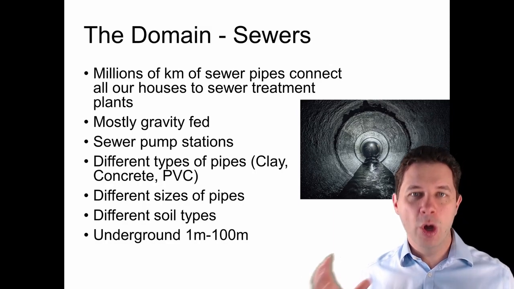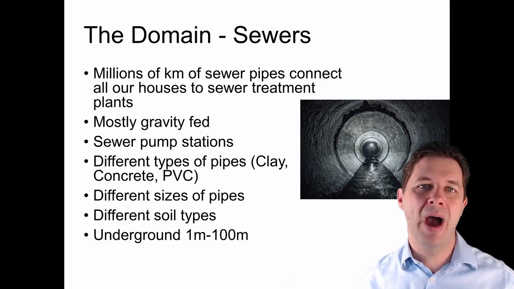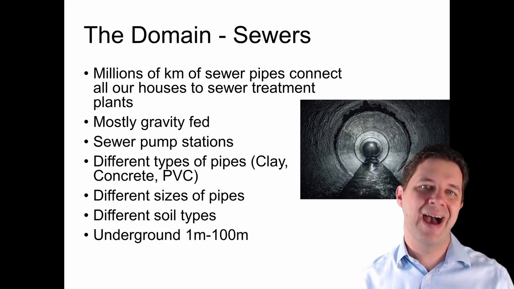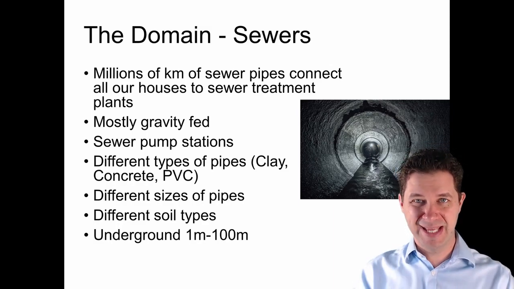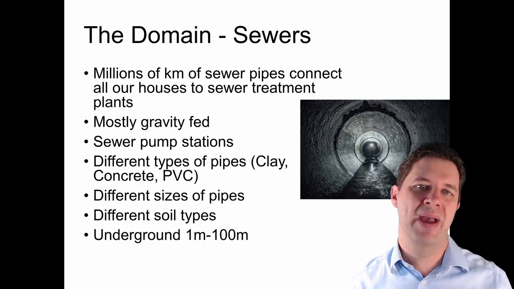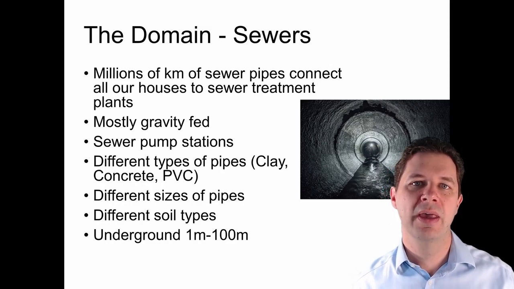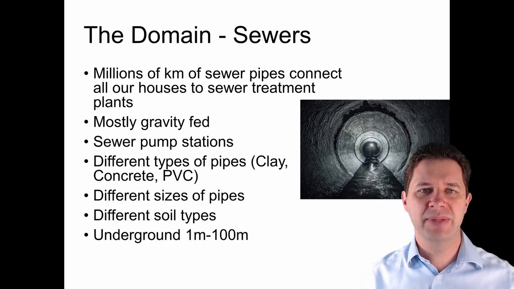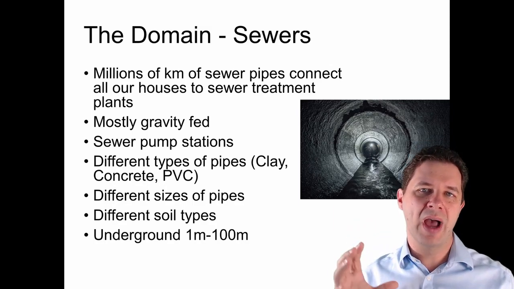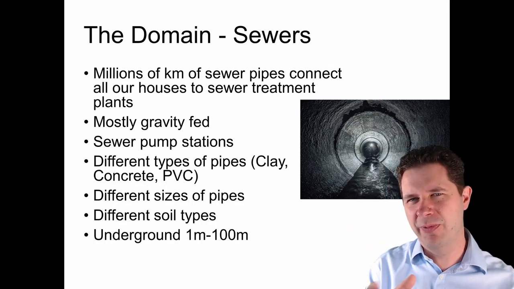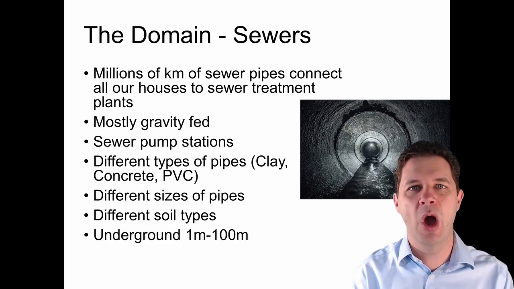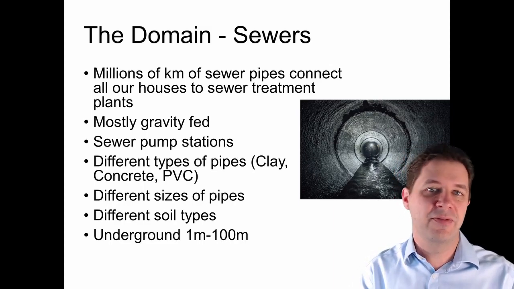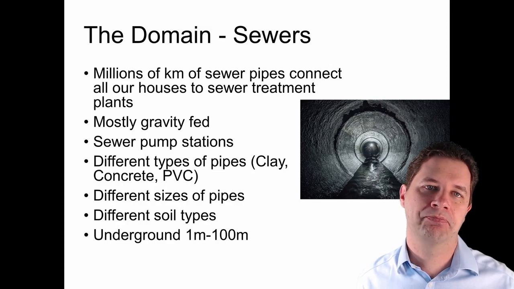And then as those flow into larger ones, we might have pipes that are large enough that we could drive a car down them and perform condition assessment with some sort of a huge car-based robot or a truck-based robot. That's when they're a few meters in diameter. So we're moving from something quite small to something quite large. And obviously we need to perform different tests on different types of sewers and different sizes of sewers as well.